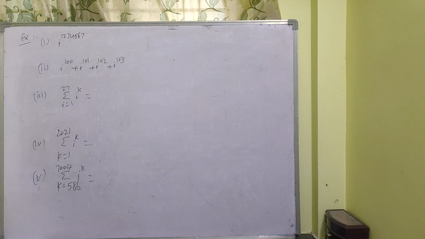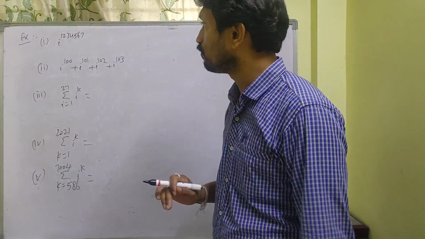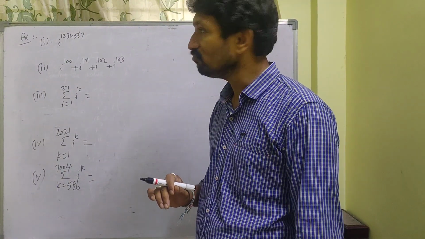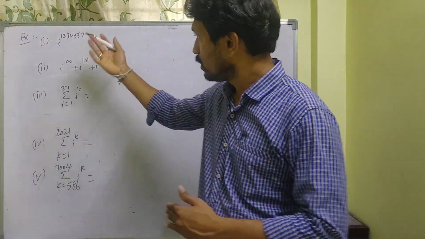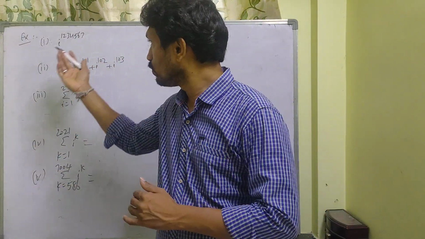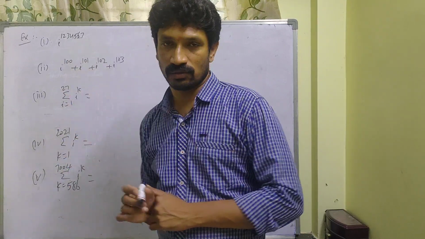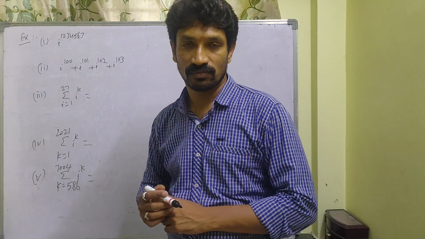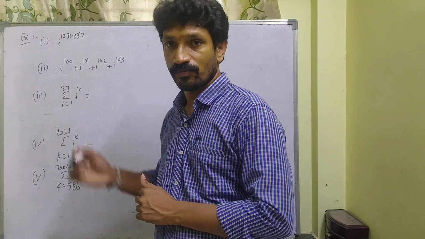Once you divide with 4, what do you get? If you want to find out the remainder on dividing with 4, observe the last 2 digits. 67 is there. How many times does 4 go into 67?